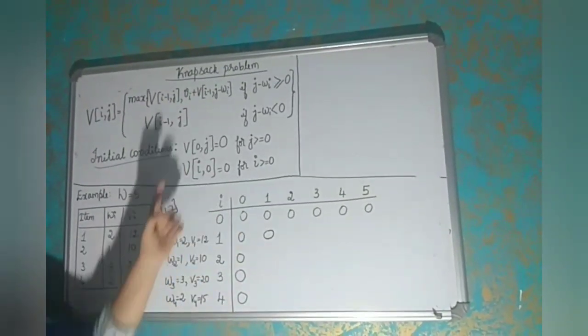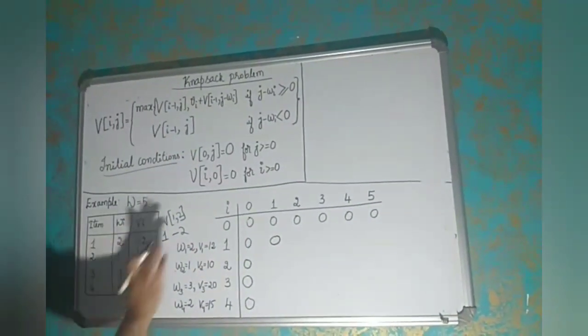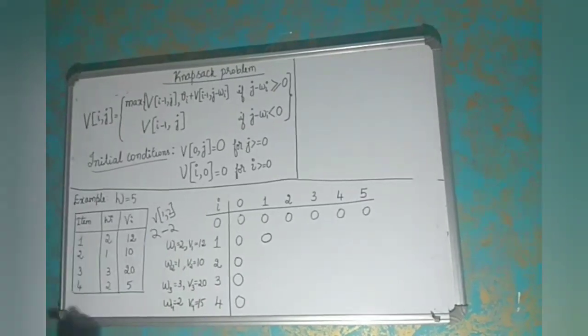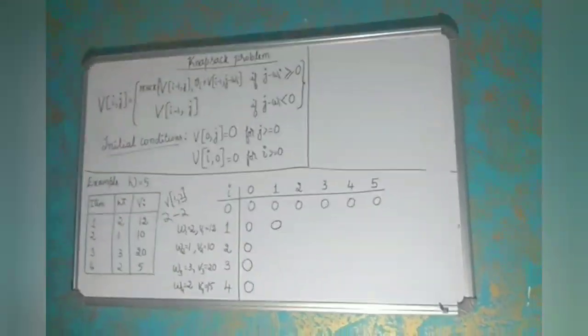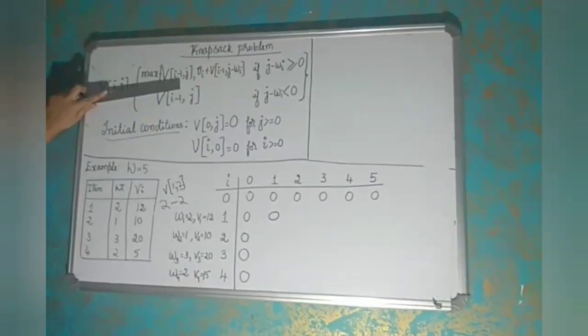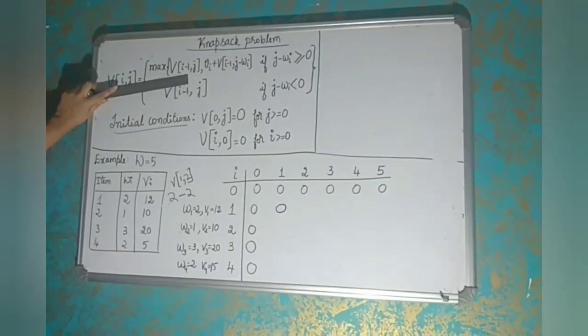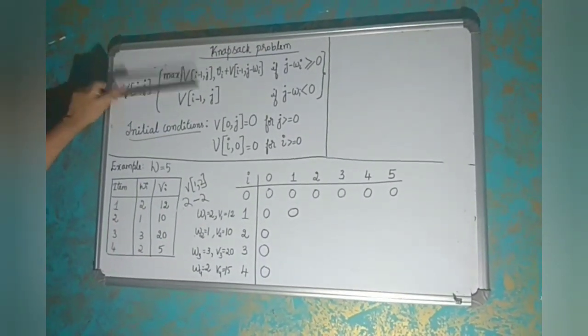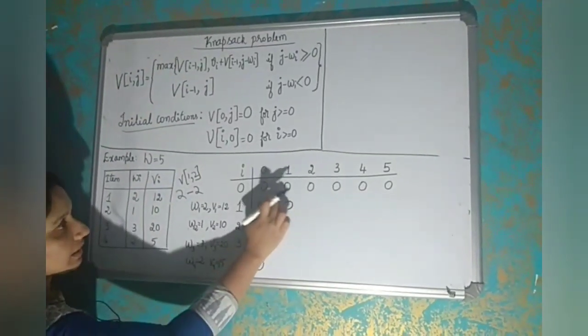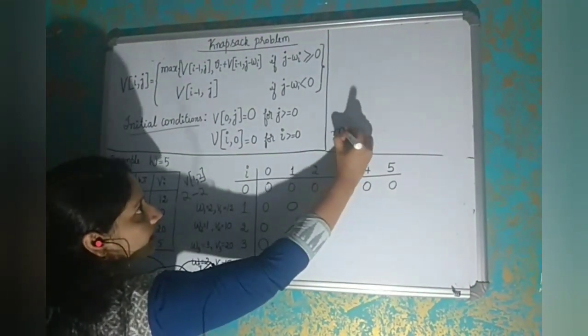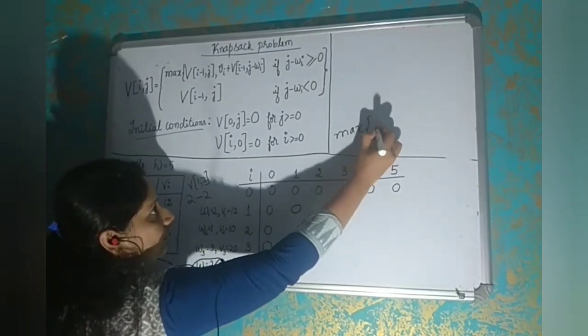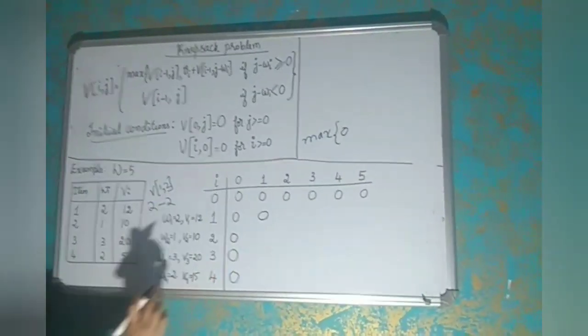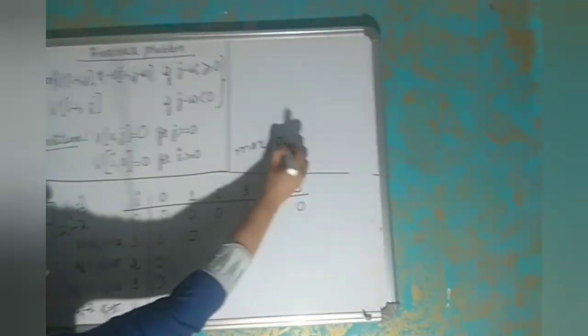So j minus wi is nothing but 2 minus 2, which is equal to 0. So that means it is the first case. So what does the first case say? Max of V of i minus 1, j. V of i minus 1, j is nothing but the previous value only. So max of 0, and this is the previous case, comma.